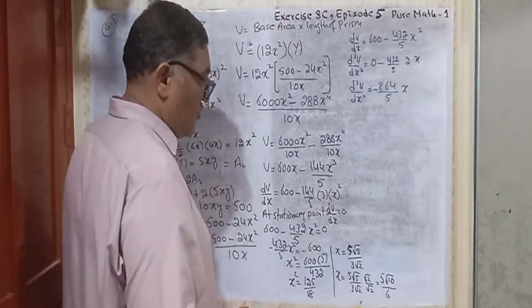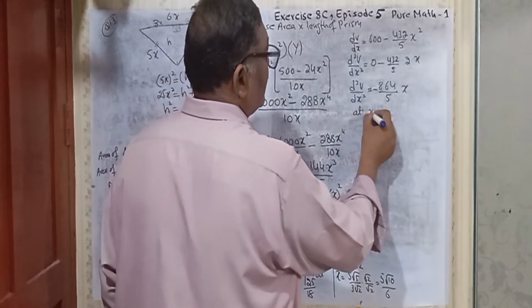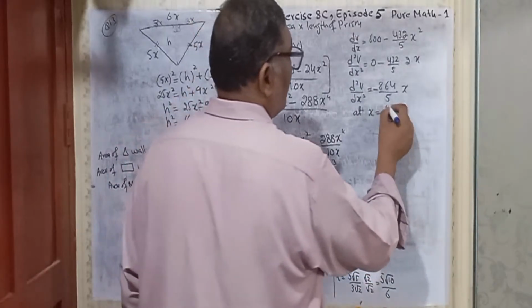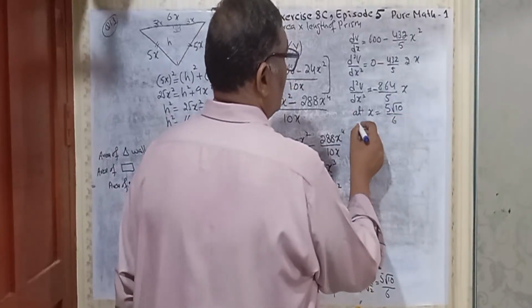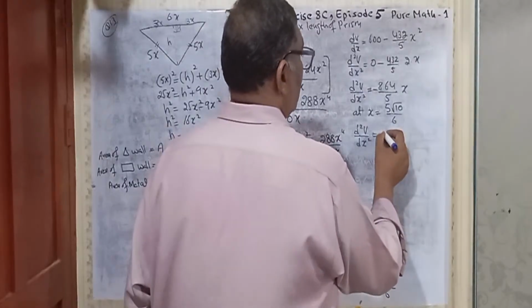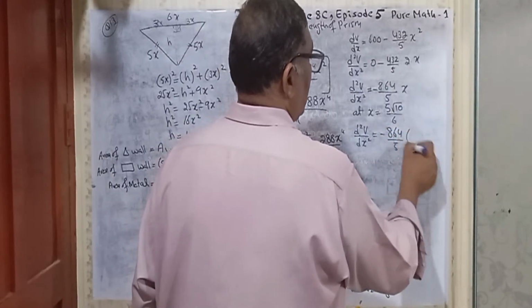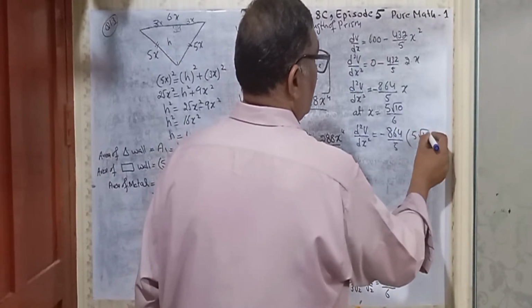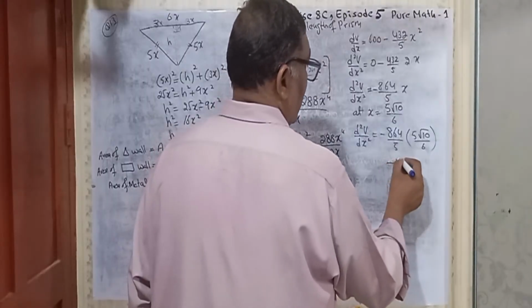Okay. So put this value of x there. So at x equal to 5 under root 10 divided by 6, d square v by dx square will be equal to minus 864 divided by 5 multiplied by 5 under root 10 divided by 6. Whatever its answer will be, that will be a negative answer.